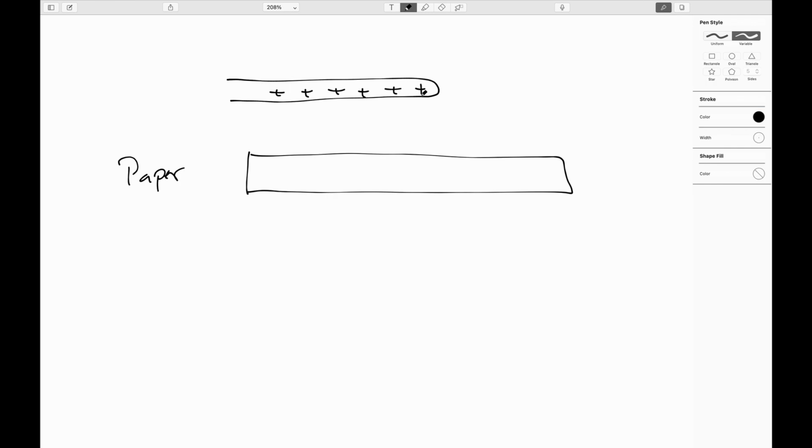There is no shared electron cloud in paper. The electrons are confined to stay in their molecules. So what you can look at here is, I'm just drawing a bunch of molecules in the paper, and it keeps going on.